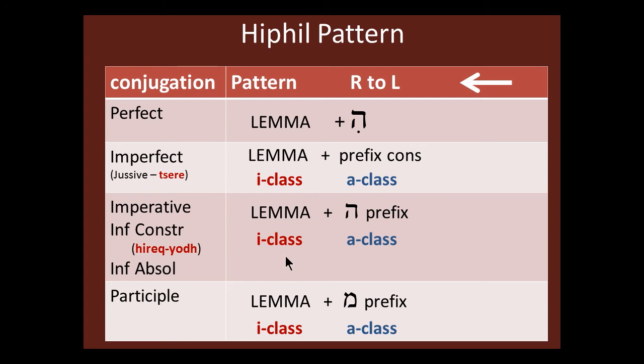And if the I-class vowel is hirik yod, it's going to be an infinitive construct. The participle, you have your mem prefix with A-class vowel followed by the lemma with I-class vowel. So that is the Hifil pattern.